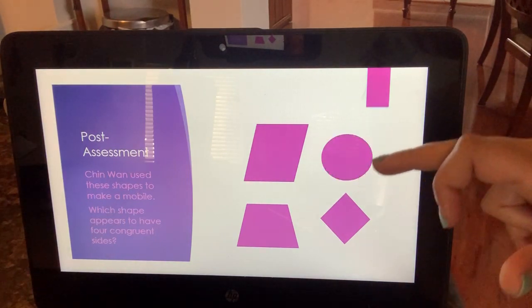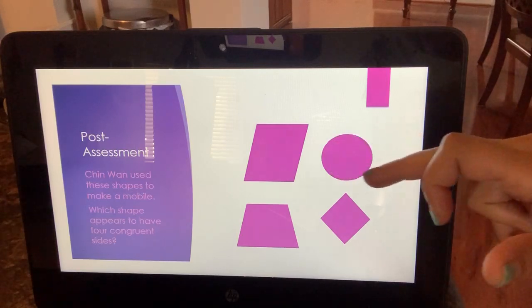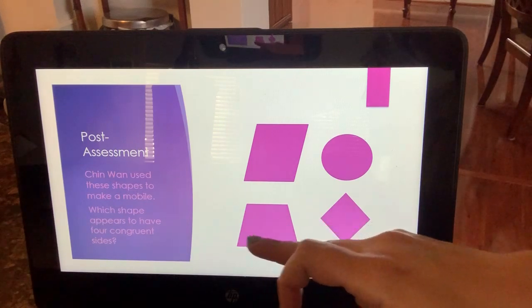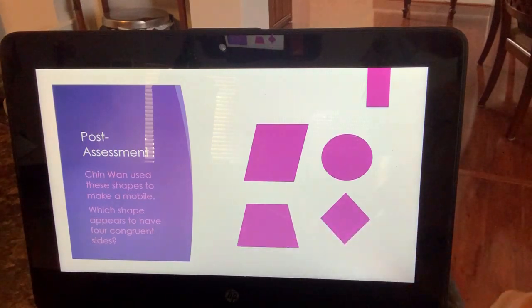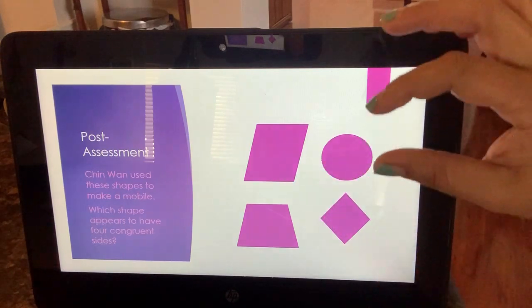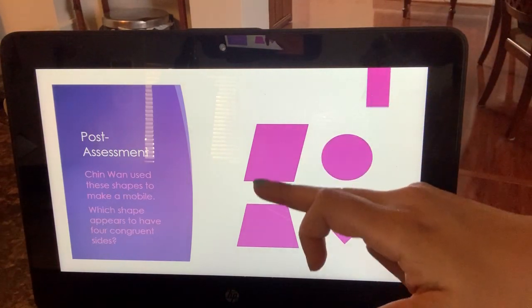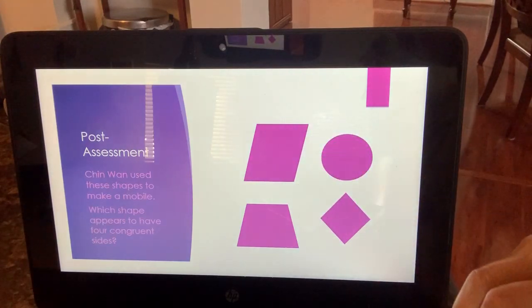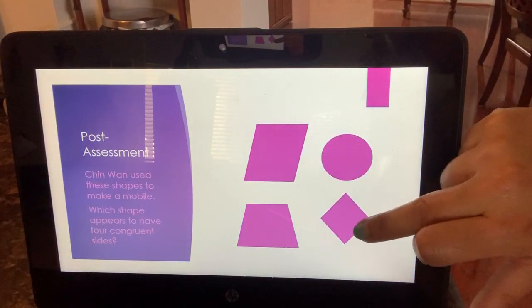Well, we already know it's not the circle because that's not a polygon. We definitely know it's not the trapezoid because these 2 sides are different. This one looks like it, but it isn't. It's not a square. So the sides are not the same and the angles are not the same. So the answer to that is going to be this one.